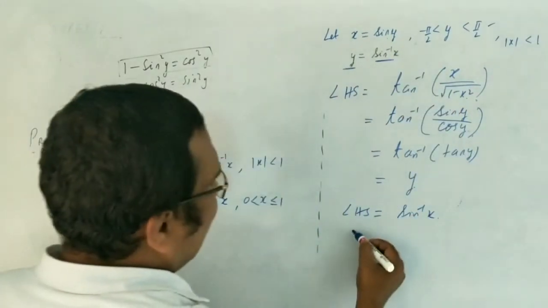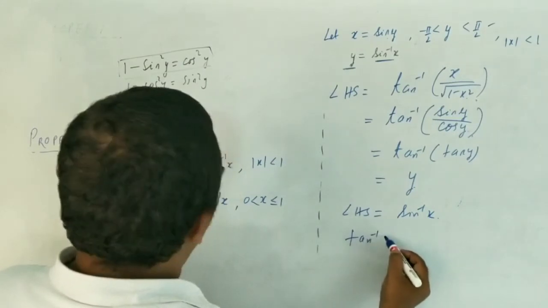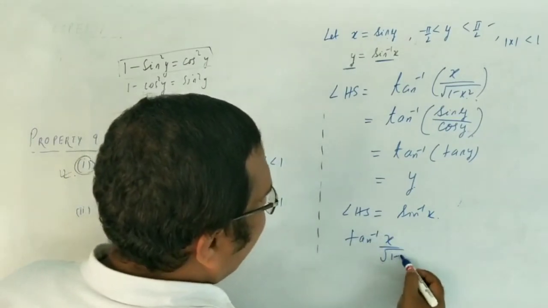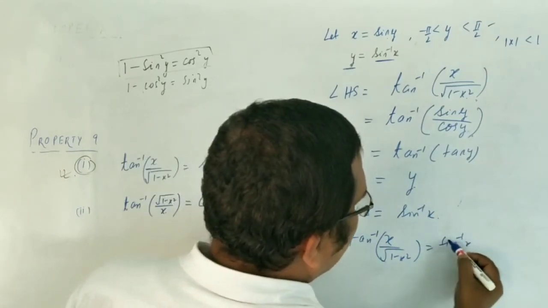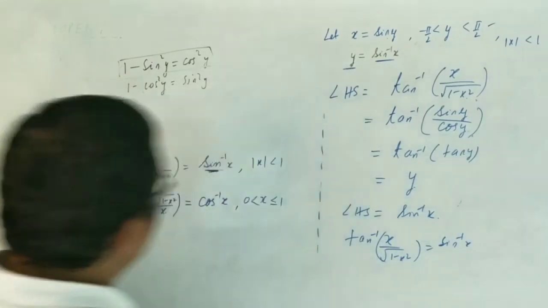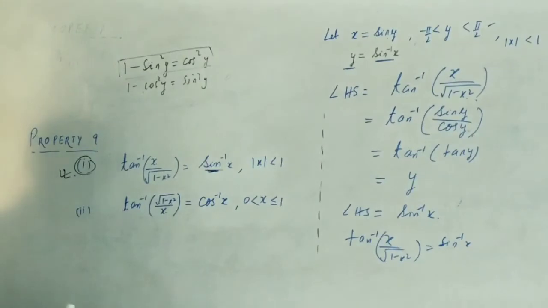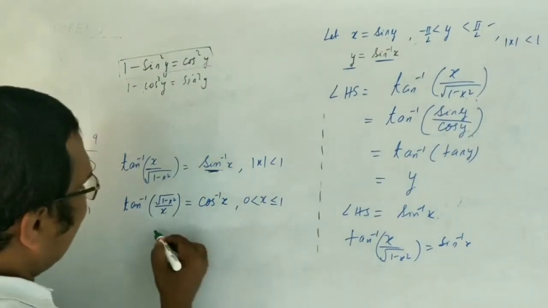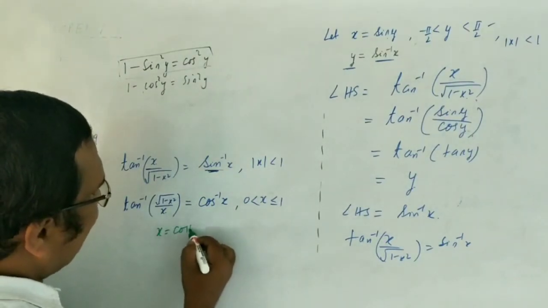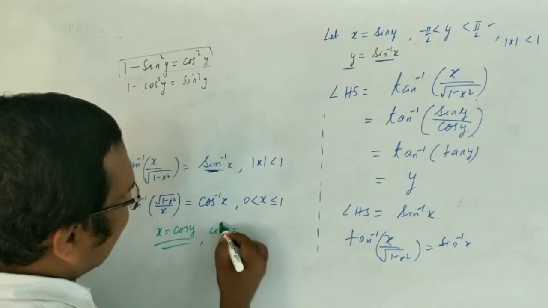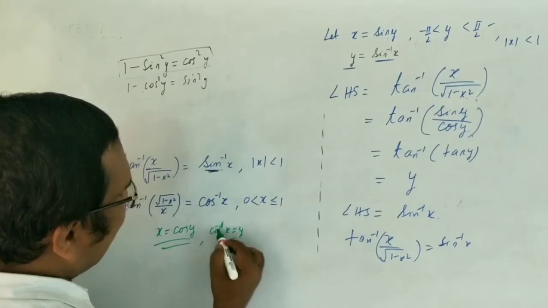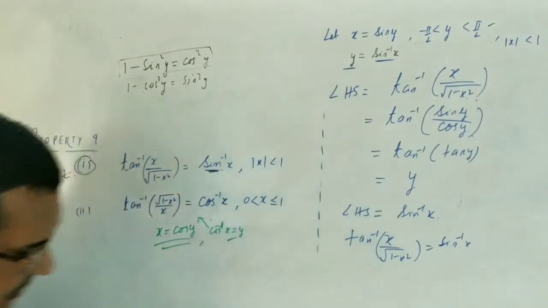So we have finally tan inverse x by root of 1 minus x square is equal to sin inverse x. Similarly here, you are going to prove on your own. You take x as cos y and you prove it. Cos inverse x is equal to y. You are going to prove this on your own.